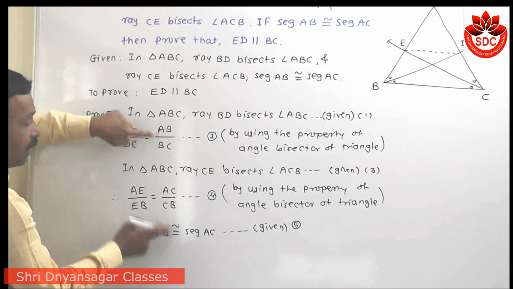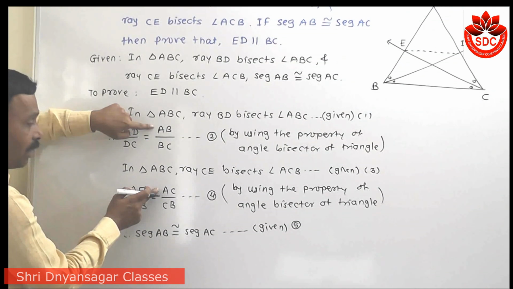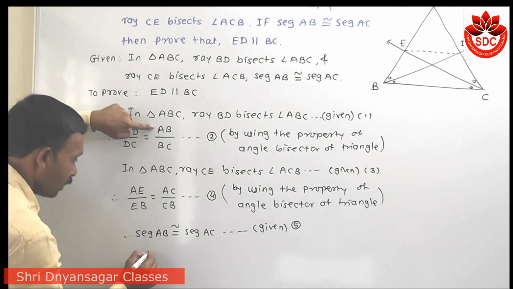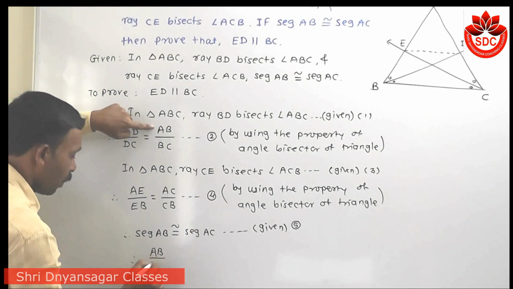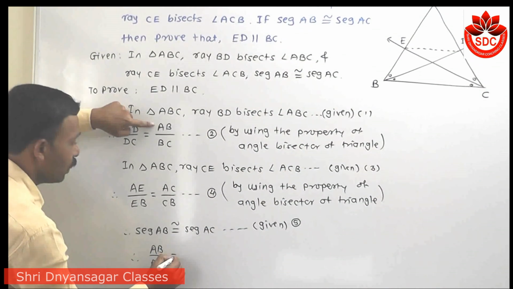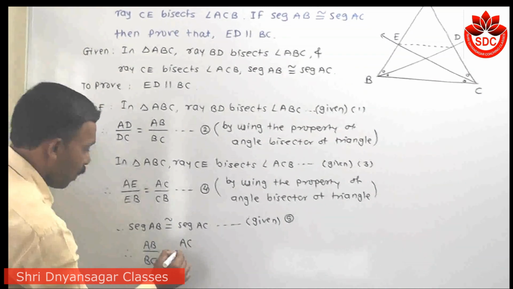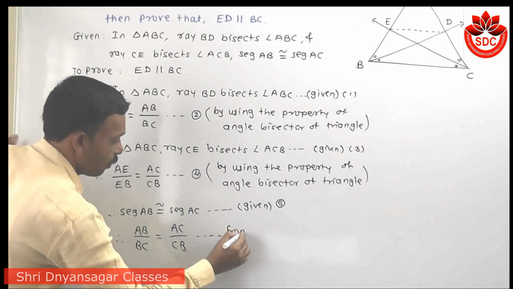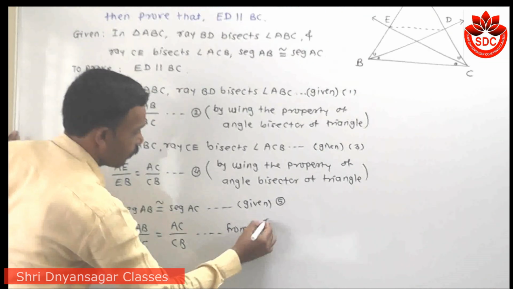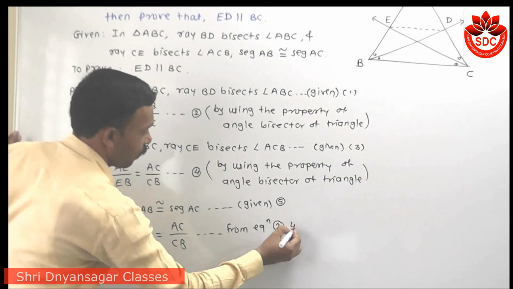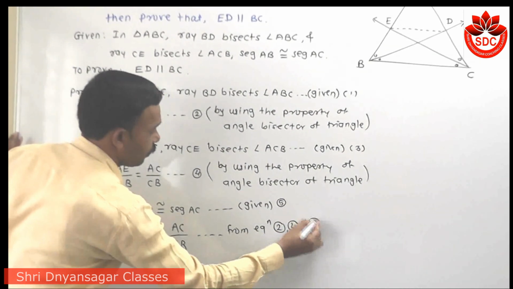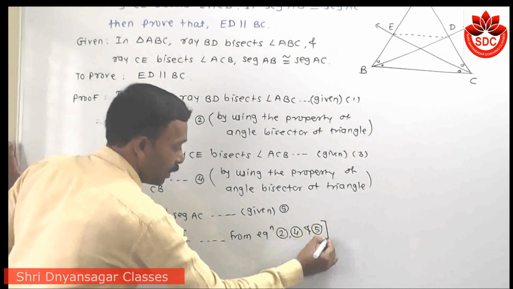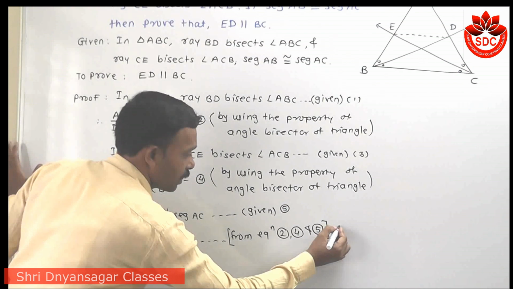By using this fifth, its numerator is also the same, so by using second, fourth and fifth, we write here therefore AB upon BC is equal to AC upon CB. Suppose that this is the equation number 6.